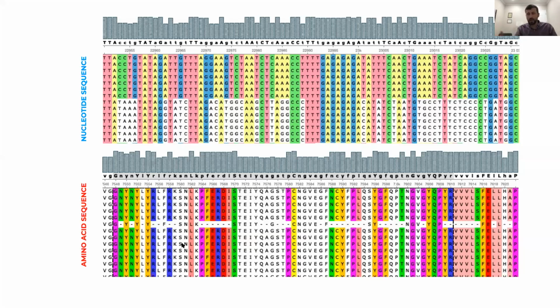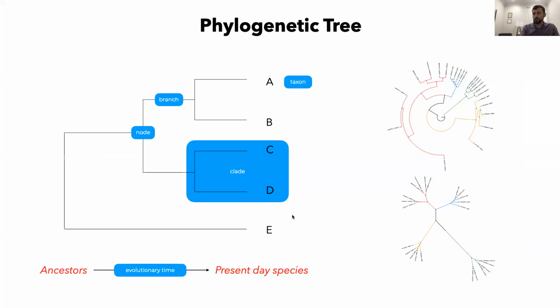And so oftentimes the question that we can ask when we do this multiple sequence alignment is, what is the relationship between the observed species and their ancestors? The way that we can visualize the relationship is called a phylogenetic tree. So we can look at evolution, the process of change over time, and we can ask how they are interrelated.